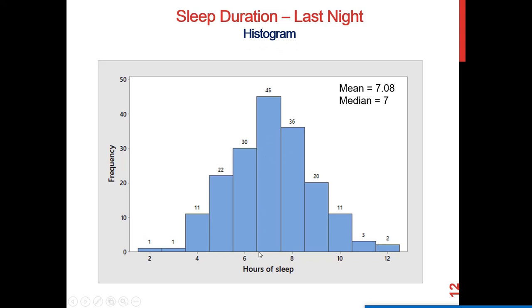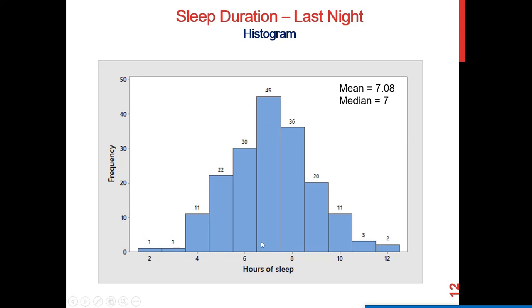So what do we do here? We have hours of sleep on the x-axis, and on the y-axis we have the count of people. So what does this number 1 mean? It means that in our sample there was one person who reported sleeping somewhere between 1.5 to 2.5 hours. Then there was one person who reported sleeping for 2.5 to 3 hours, somewhere between this.